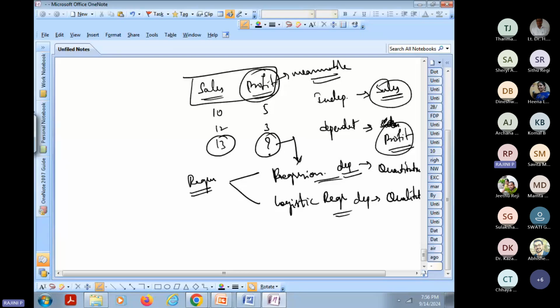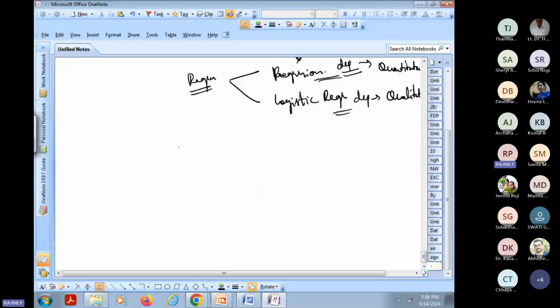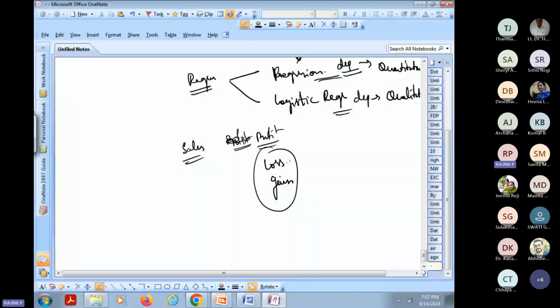Now suppose I give the data, sales, and instead of profit, I tell you loss or gain. Can you quantify loss or gain? You are observing it, which cannot be measured. Through observation you are telling whether it is a loss or a gain.